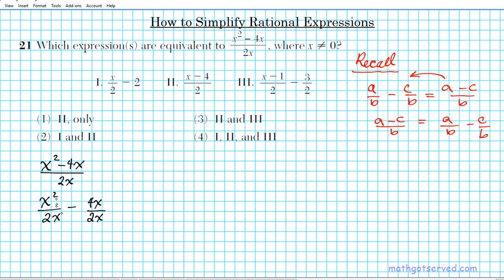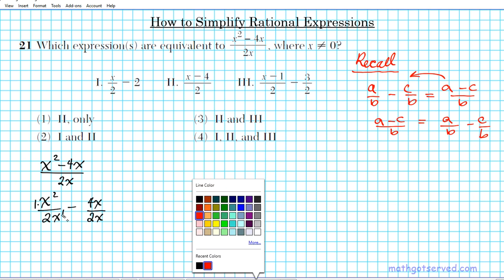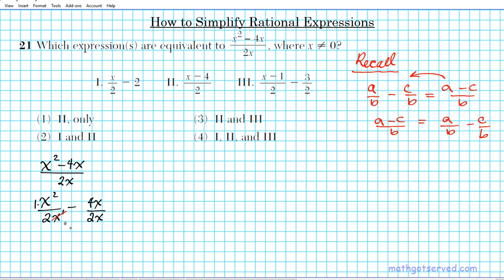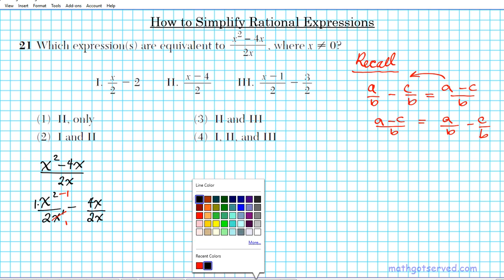x squared divided by 2x. This is x to the first power. So if we're dividing this out, we have 1 over 2. So that 1 over 2 stays there. x squared divided by x to the first power. What we're going to do is subtract. x to the first goes here once, and then you just subtract this power from the bigger one, minus 1, using the quotient property of exponents.